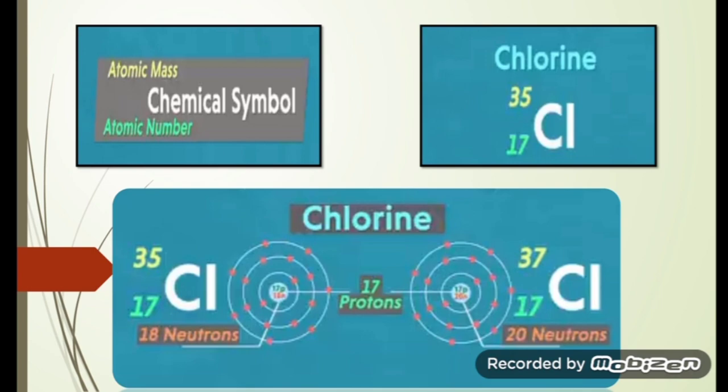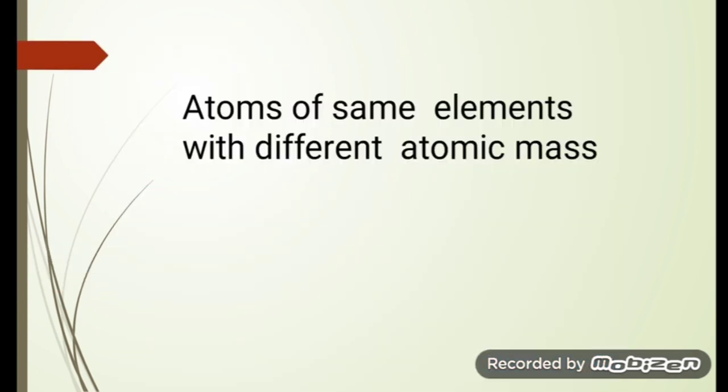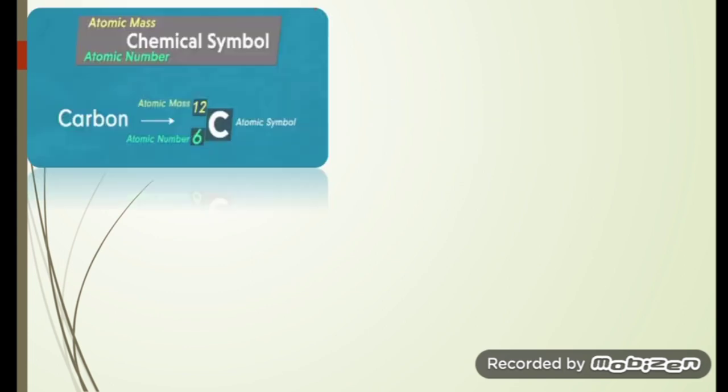Here we have seen one chlorine atom has 18 neutrons while the other chlorine atom has 20 neutrons. That means they are the isotopic forms of chlorine. Hence we can say that isotopes are nothing but the atoms of the same element with different atomic mass. Similarly, we have several elements with isotopic forms.